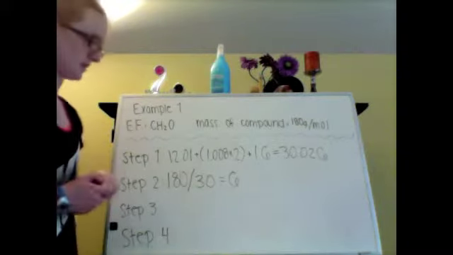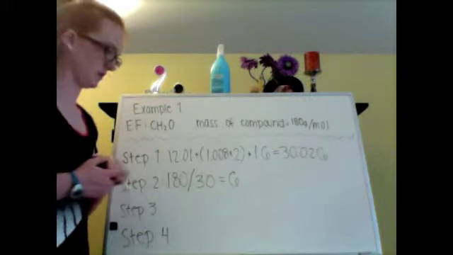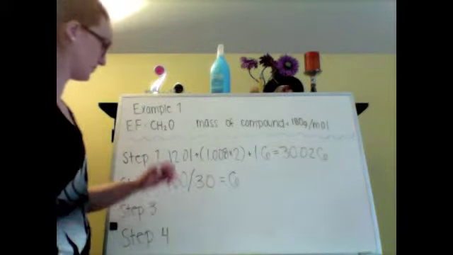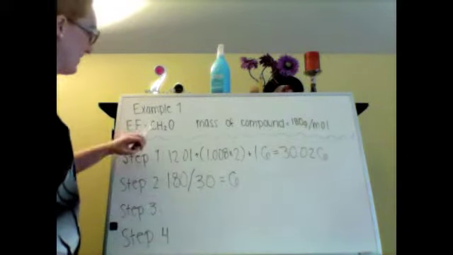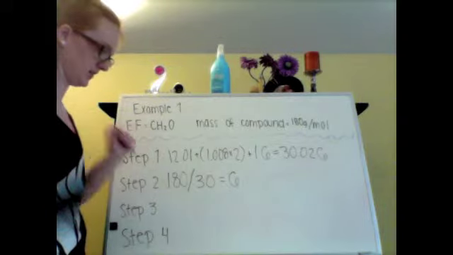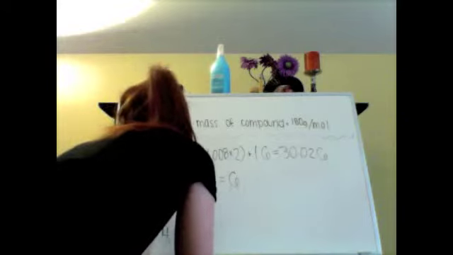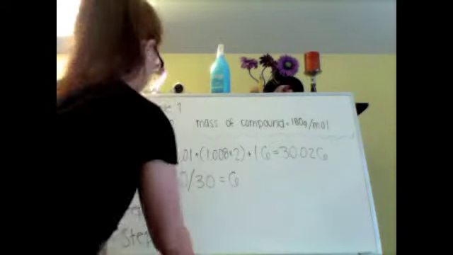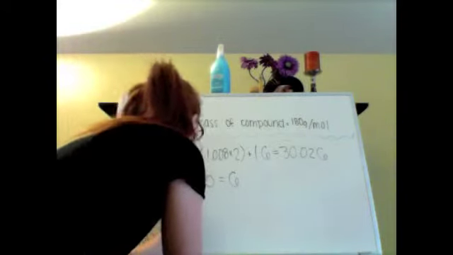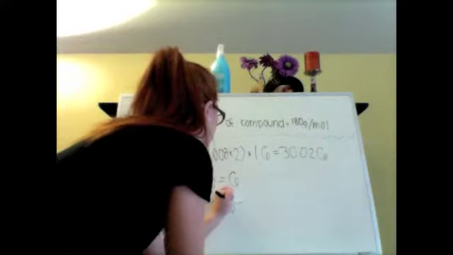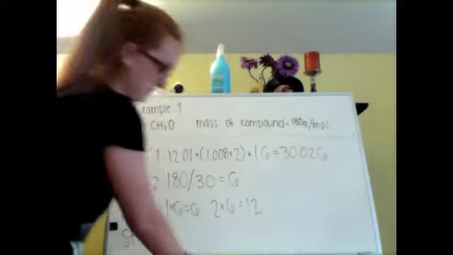Then the third step, you multiply this answer by the subscripts of the empirical formula that you're given. So you would do 1 times 6, which is 6. 2 times 6, which is 12.